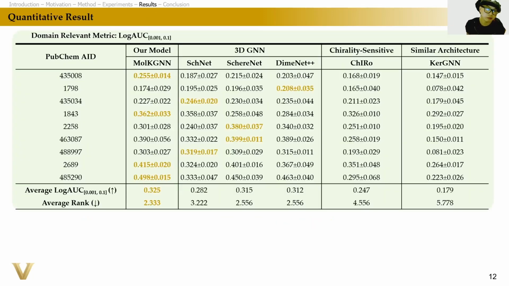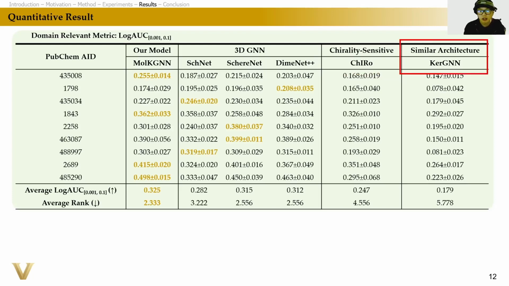So now let's look at the result. Here we've shown 3 sets of different models for our benchmark. The first set is 3D GNN, and it contains SphereNet, and DimeNet++. The second one is chirality-sensitive models, which can also capture the chirality, and we choose this model, ChIRo.